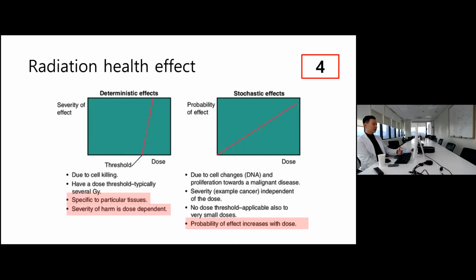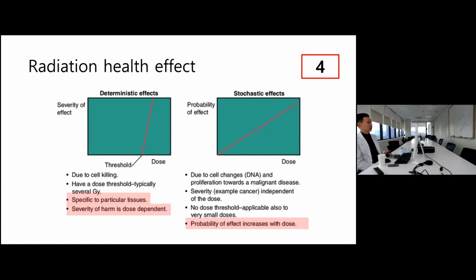For the deterministic effect, we should prevent the occurrence of such an accidental situation. For the stochastic effect, protection aims to limit and lower the dose as much as possible to reduce the effect.